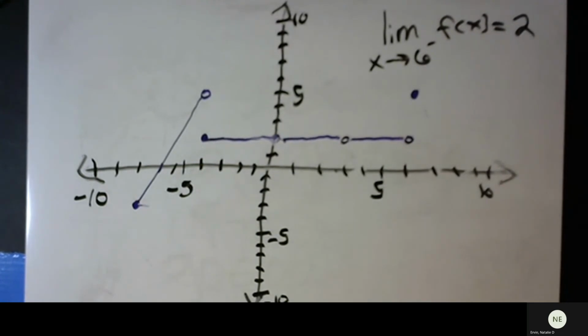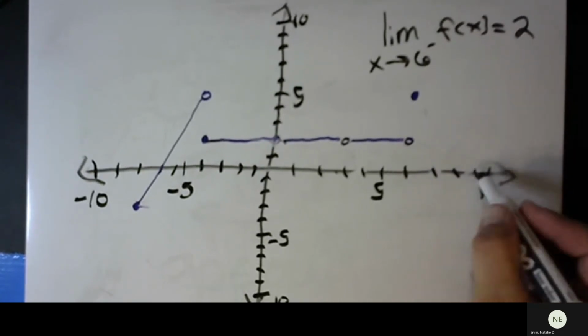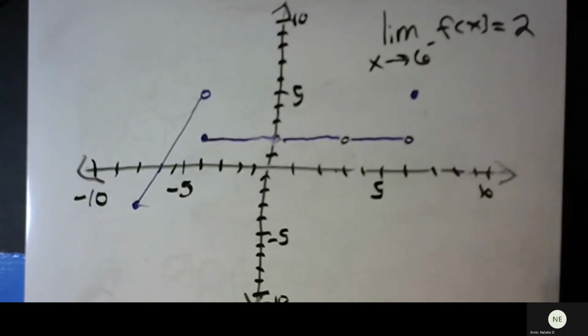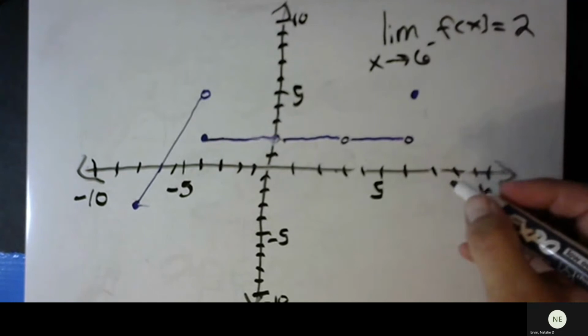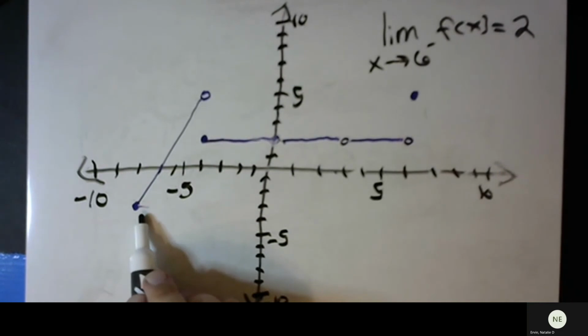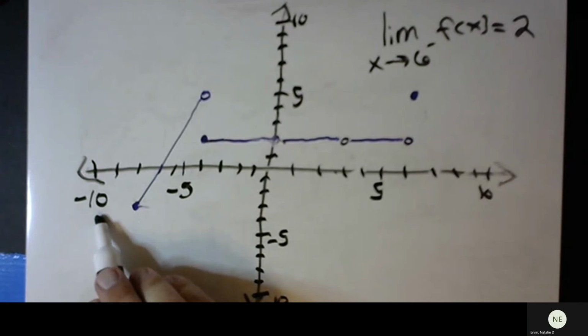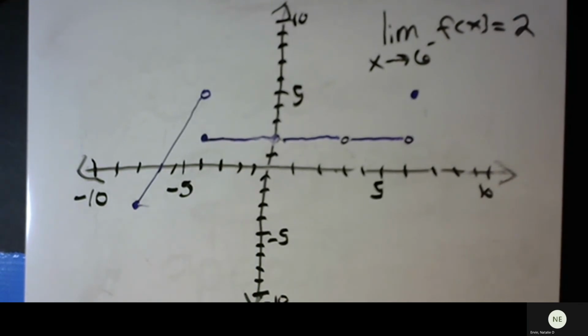But if you were to ask, what's the limit if we approach from the right? Well, there's no domain here, so this limit doesn't exist. And therefore, the general limit doesn't exist either. So all we have is the approach from the left. It's the same thing that happened over here as x approaches -8. We can only approach it from the right. There is no approach from the left. That doesn't exist, and that also means the general limit doesn't exist, only the one-sided limit.